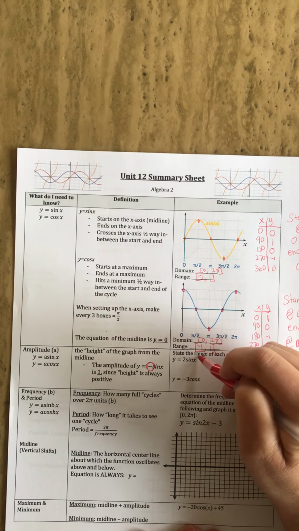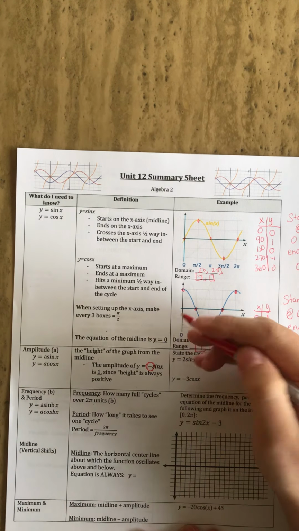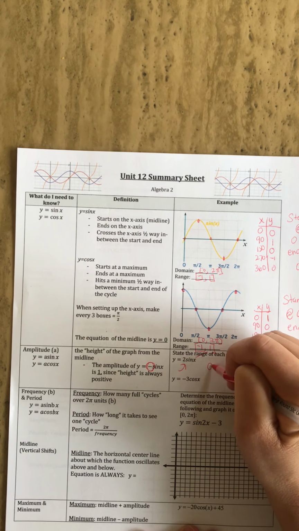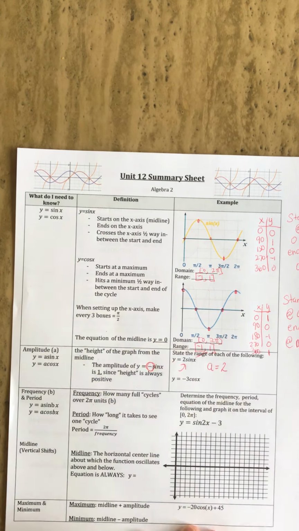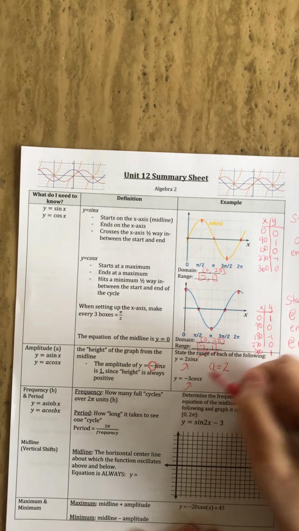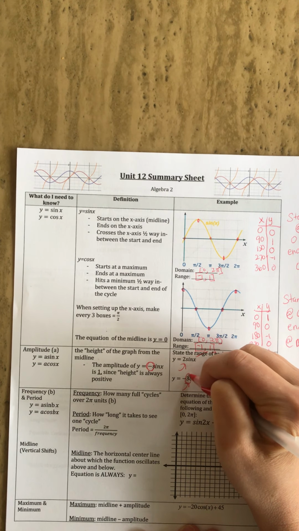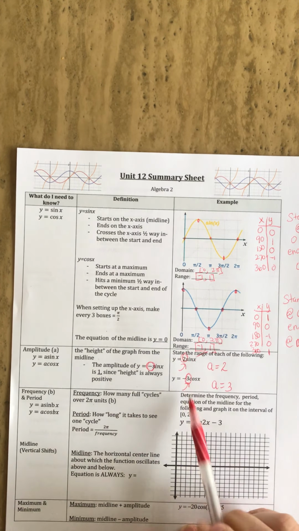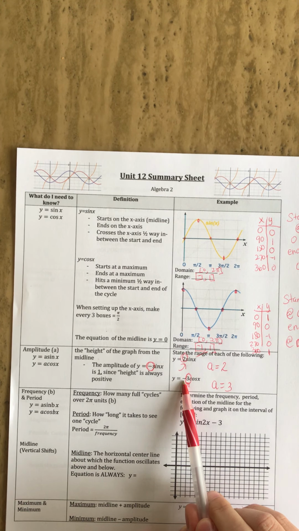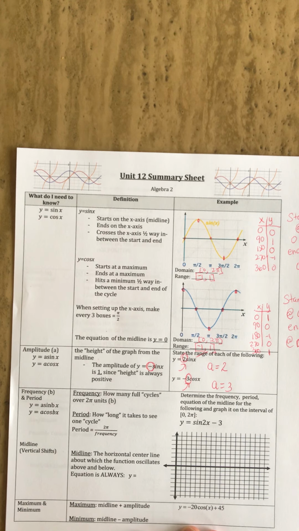The amplitude is right out in front, so my amplitude is equal to 2 here. And in this case, my amplitude here is going to be 3. Again, your amplitude you find right out in front, and that negative does not mean it's a negative amplitude. It's not how high it is. That tells you a reflection.